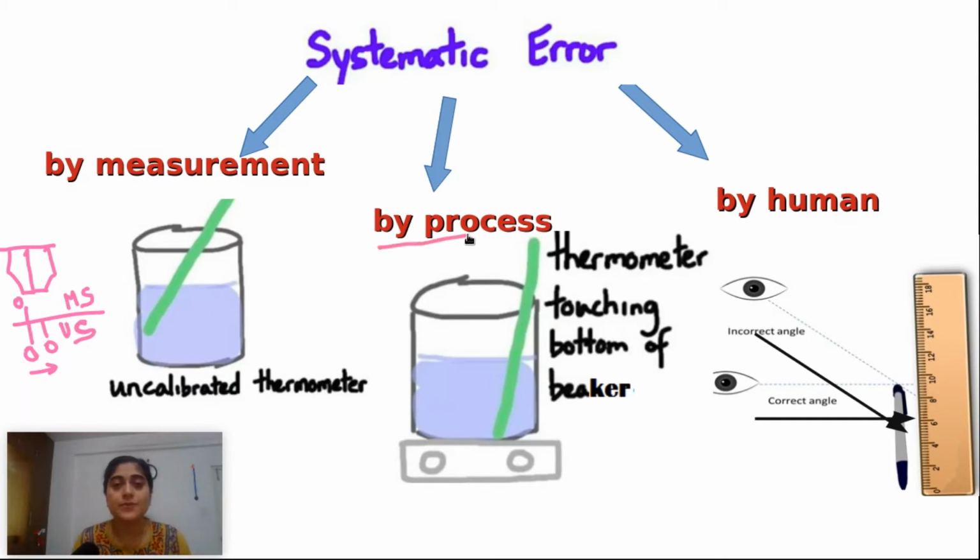The second one is by process. Whatever experiment you are doing has some procedures, and if you are not following the same procedures, then you will get a wrong value.